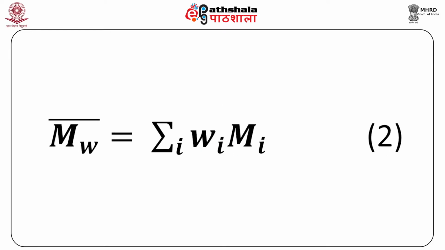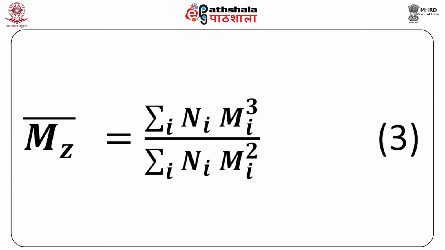Number 2 is the mass average molar mass, M̄w, equal to summation WiMi, as equation 2, where Wi is the mass fraction and Mi is the molar mass. Number 3, the Z average molar mass, M̄z, is equal to summation NiMi cubed by summation NiMi squared, as equation 3.